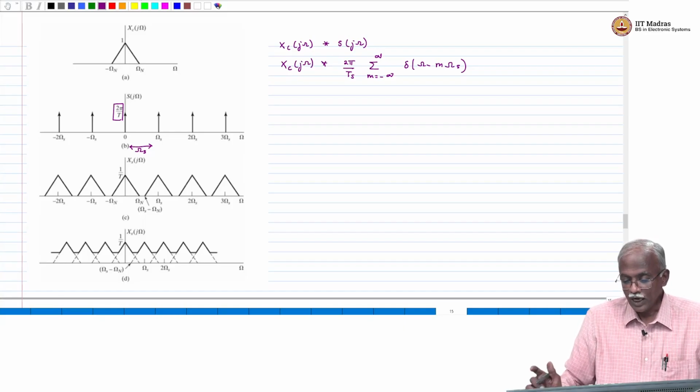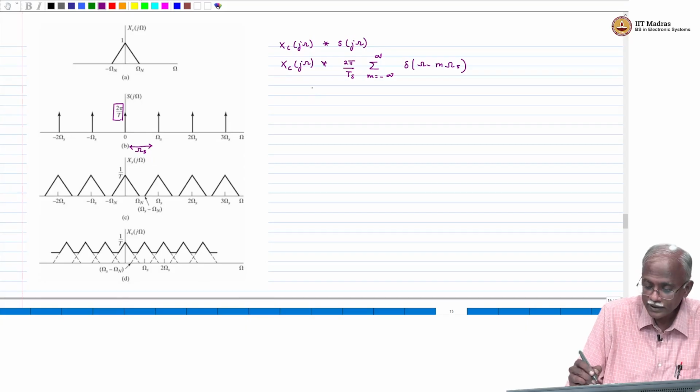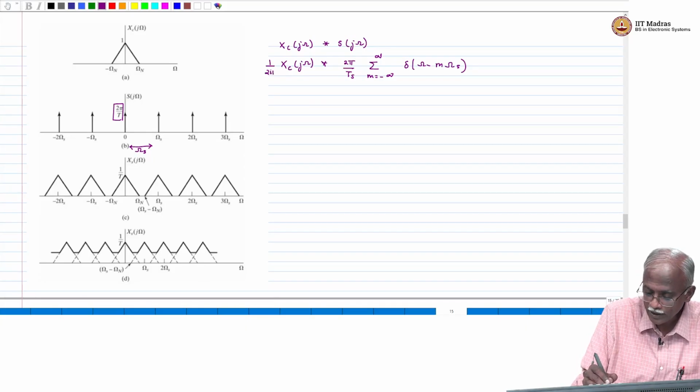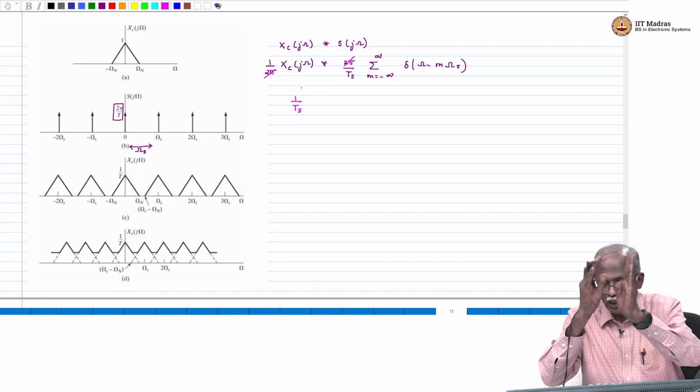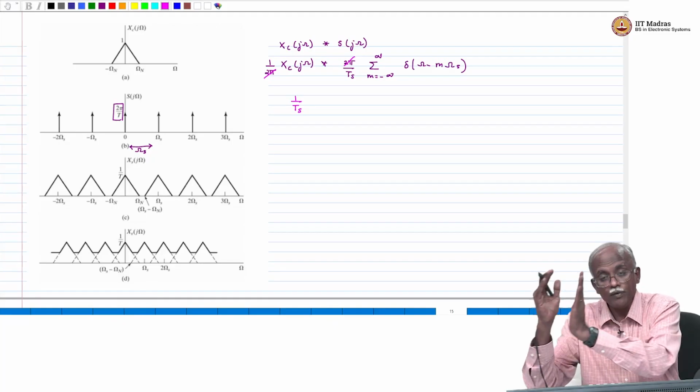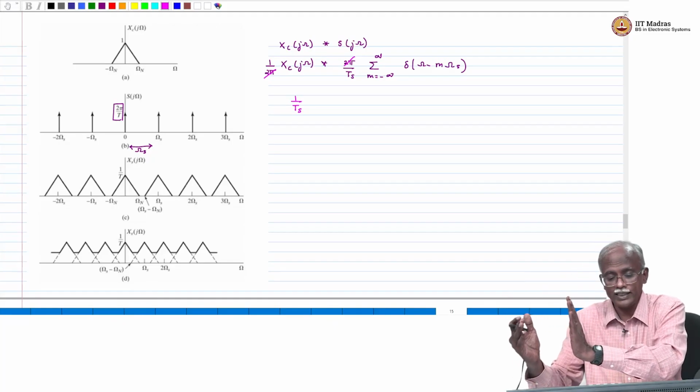Okay. So also there is a scale factor of 1 over 2 pi in the Fourier transform. So this 2 pi and 2 pi will cancel, leaving us a scale factor of 1 over Ts. Now whenever you convolve xc of j omega with a delta function, you will get the original xc of omega.